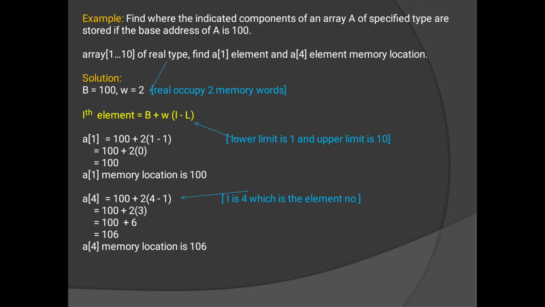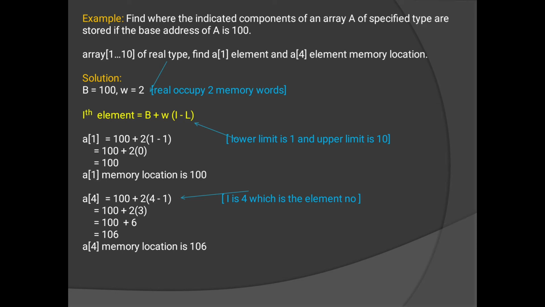According to the formula, the address of the ith element equals B plus W within the bracket I minus L. Here L is the lower limit, which is 1, and the upper limit is 10, since we have array elements starting from A1 till A10.